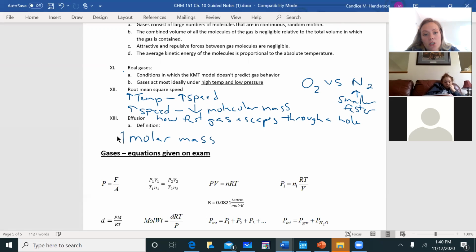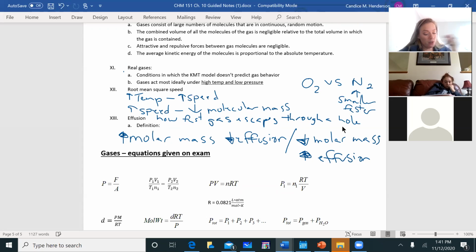If we have a large molar mass, a big clunky molecule, do you think it's going to be a quicker effusion or a slower effusion? Well, big clunky molecules are harder to move, so larger molar mass is going to equate to a lower effusion. And vice versa is also true, okay? So a smaller molar mass, tiny things, will escape quickly, or they'll have a large effusion.